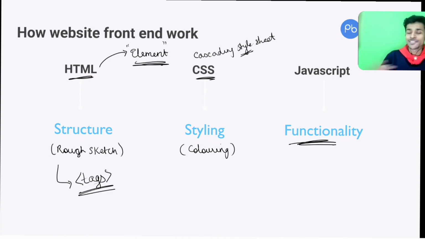CSS is all about taking these elements and giving them certain styles, or we can say attributes. Each HTML element will have something called attributes or properties.